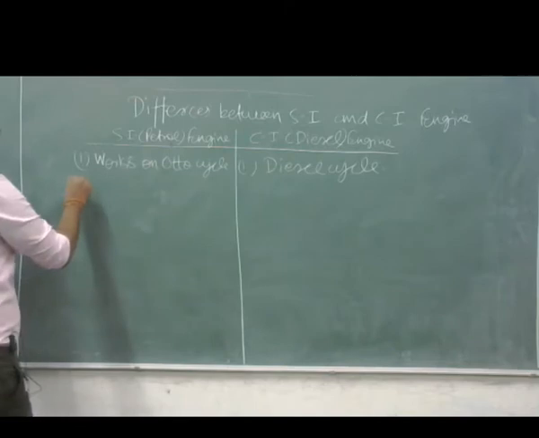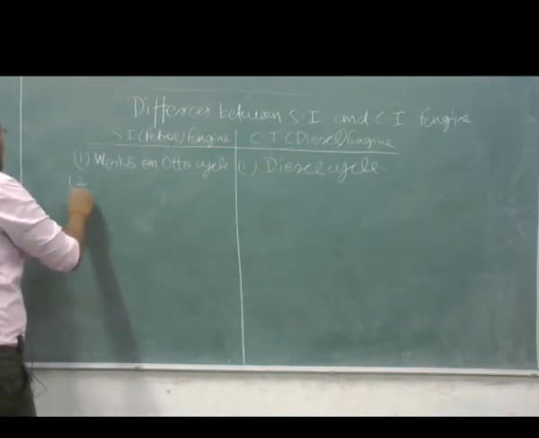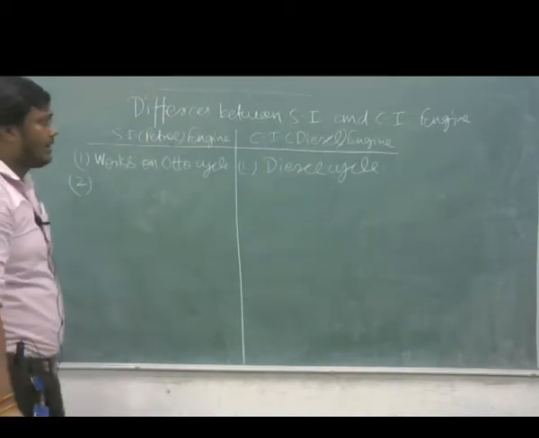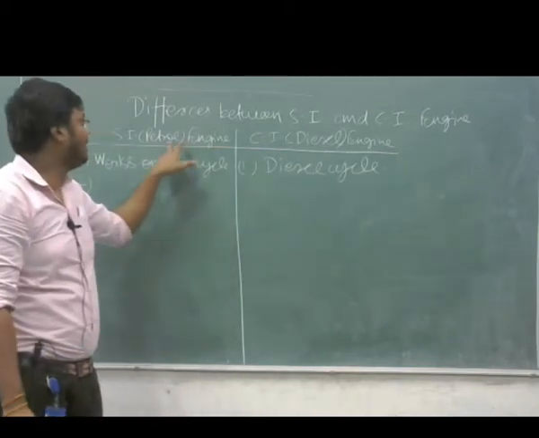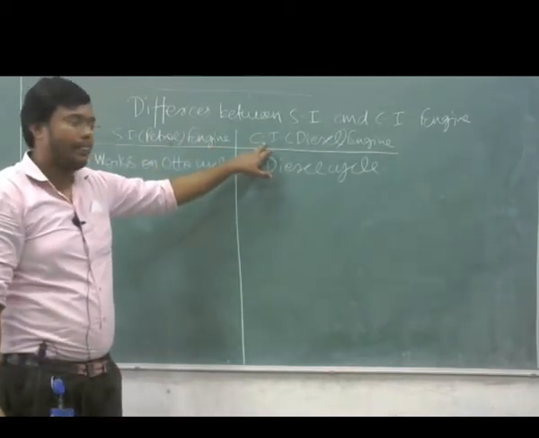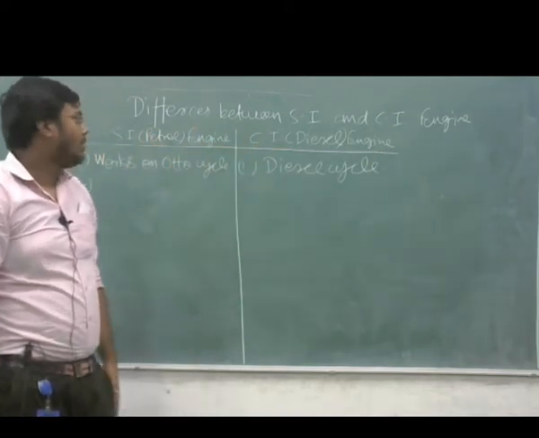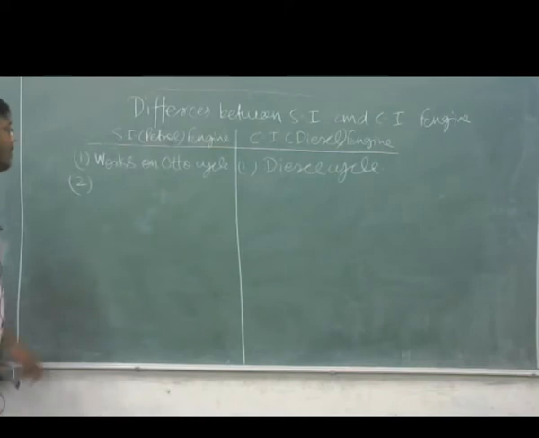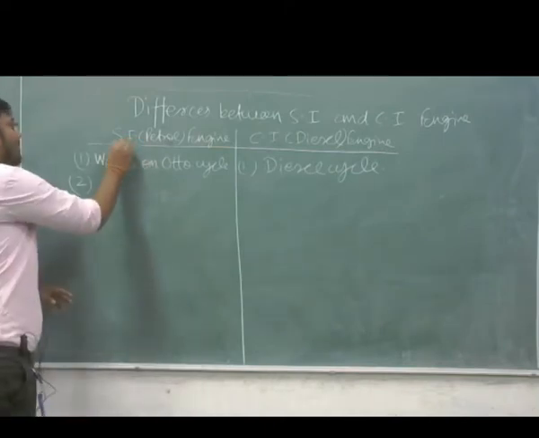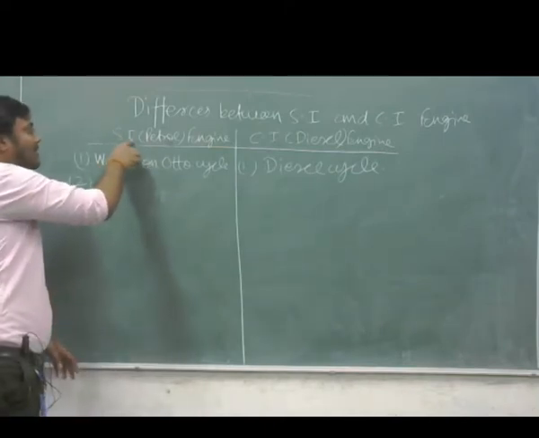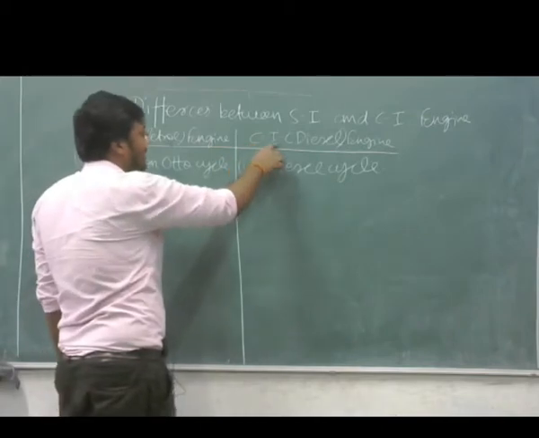Next point. If you remember the working of SI engine and CI engine, then you can easily differentiate between both engines. So the next point we can write from the name itself. SI means spark ignition engine, CI means compression ignition engine.